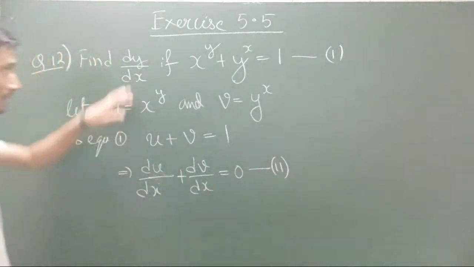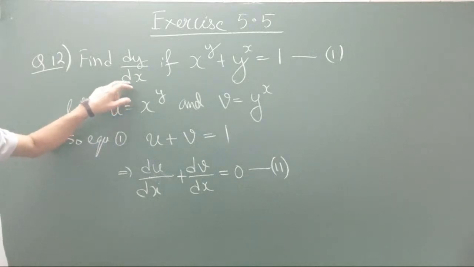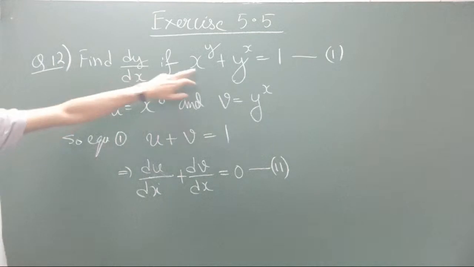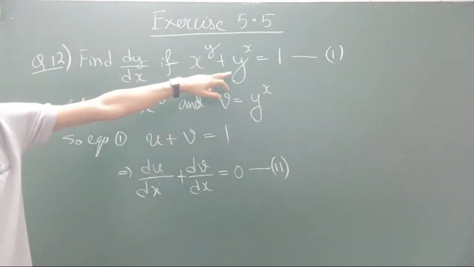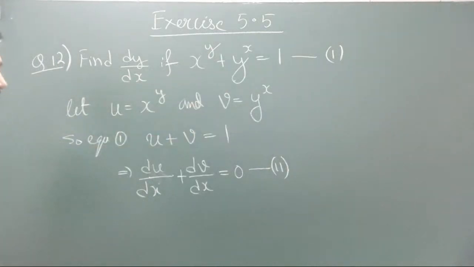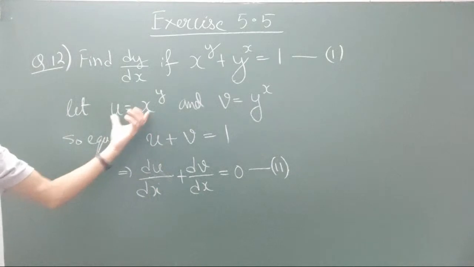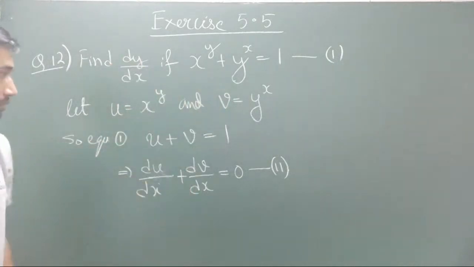Don't worry, we will definitely get dy by dx, because we have functions of x and functions of y, so we will be getting the values. So this is the equation that we need to solve. We have our u, we have our v, so let's begin.